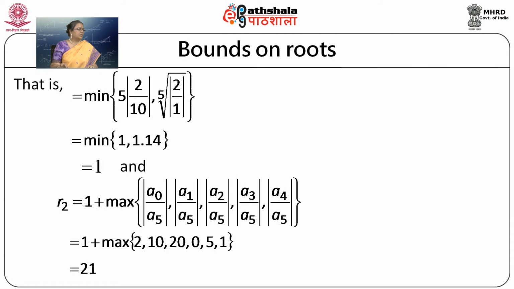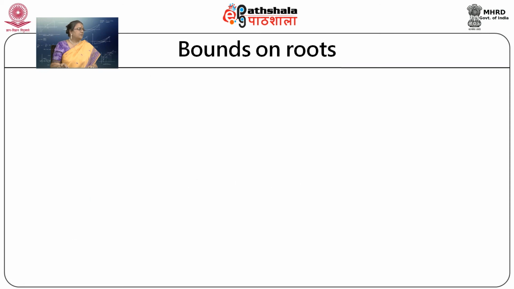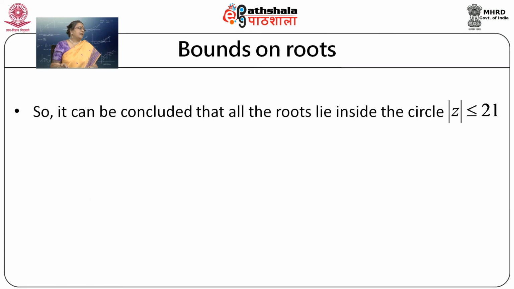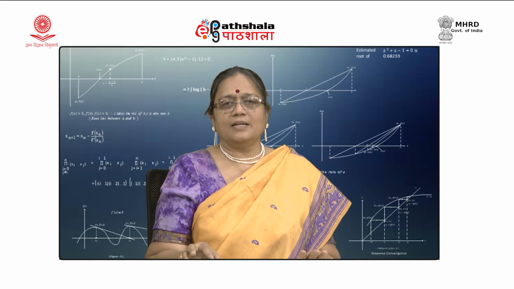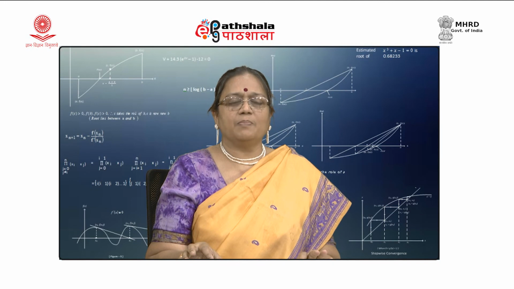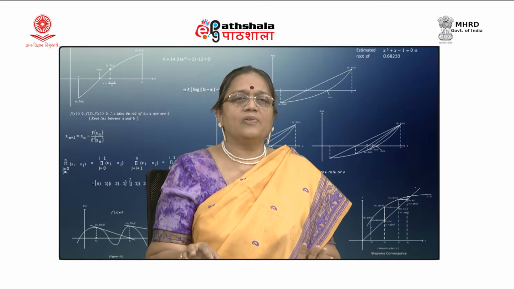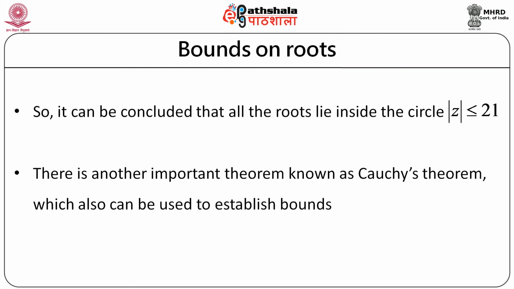So, it gives a0, a1, a2, a3, a4, that is 2, 10, 20, 0, 5. And so, the maximum is 20 here. So, 1 plus 20 gives the answer 21. So, we can say that all the roots lie inside the circle with radius 21, that is mathematically mod z less than or equal to 21, and at least one root will lie within a circle of radius 1.